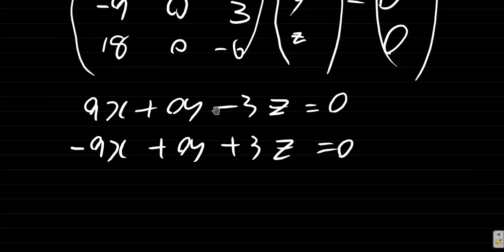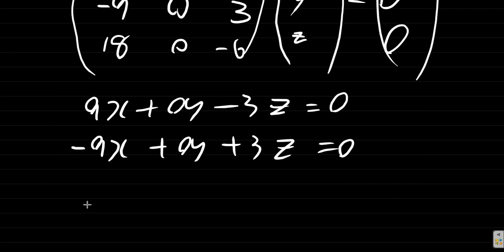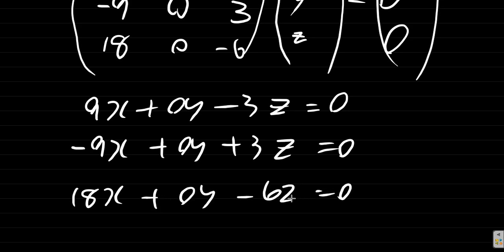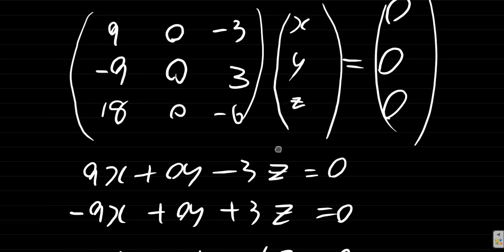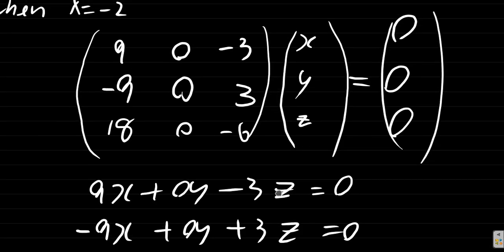And then 18x plus 0y minus 6z equals 0. So these would be the equations that you would get. But what we want to do is find x, y, and z.